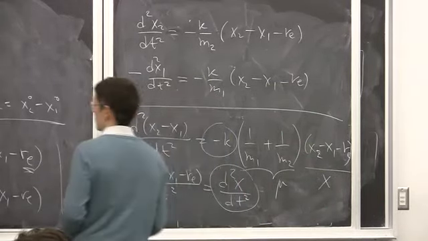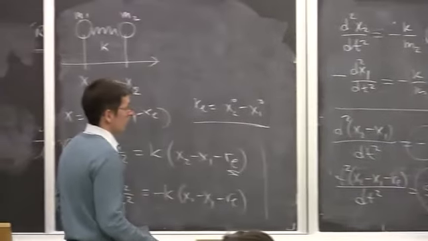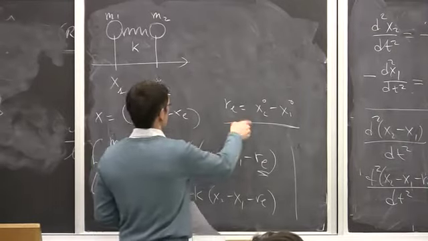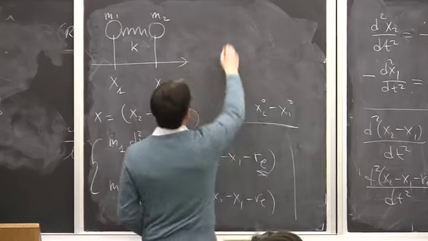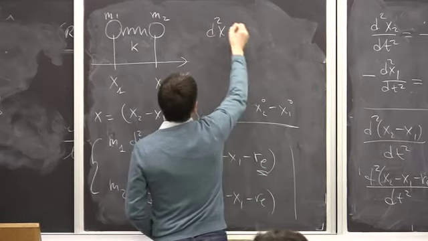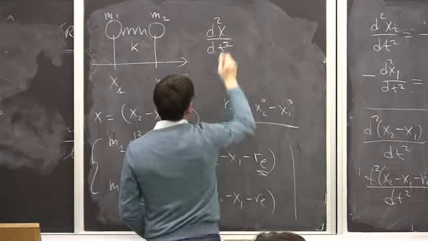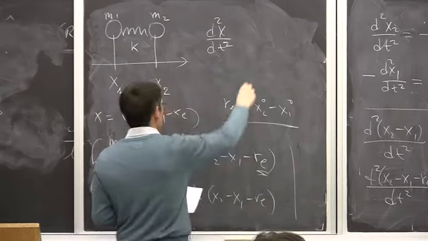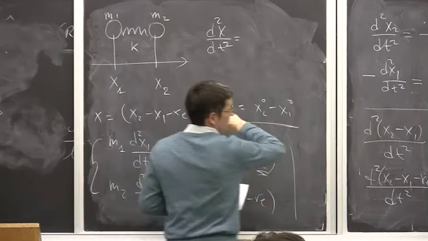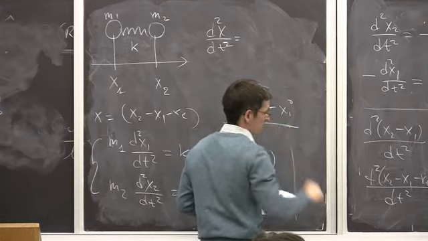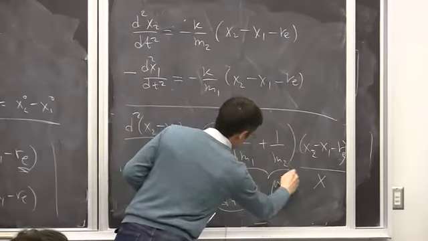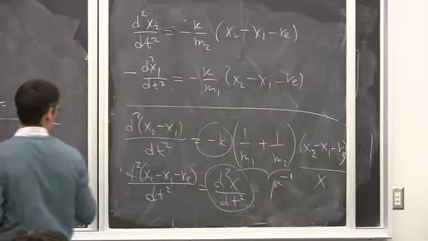So we can write down the equation for this internal variable, d2x dt squared, as, sorry, this is inverse of mu, right?